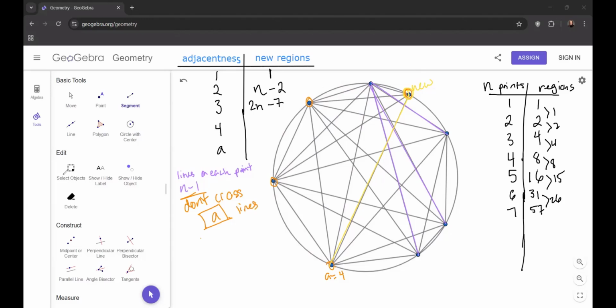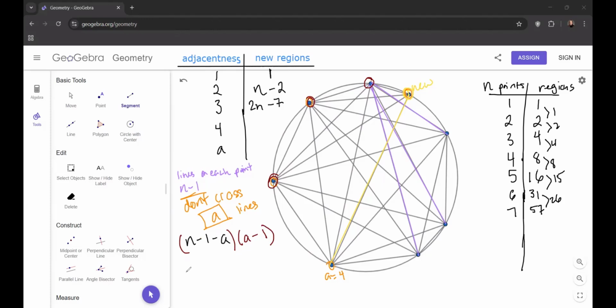So the total lines that we don't cross is n minus 1 minus a. And then this is going to repeat for each of the points in between. So that's going to repeat for whatever our adjacentness is, minus 1. We're going to do that 3 times.